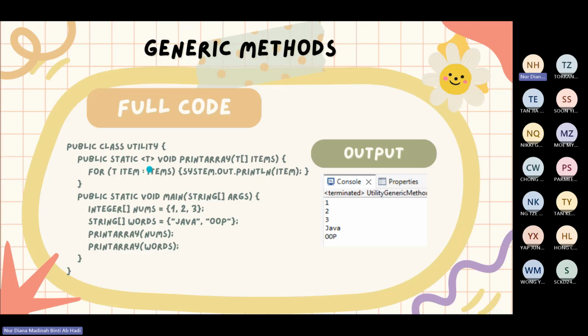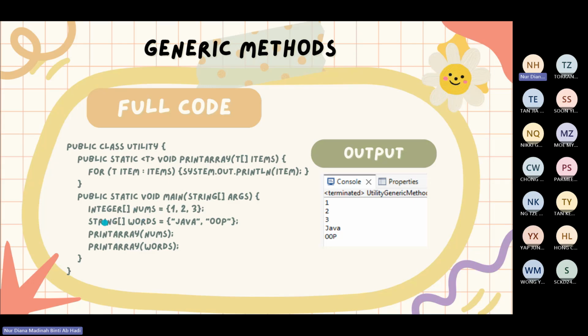You put the T in the class, it means that it is a generic class. But when you put the T in the line of public static void, it is used for the method. Okay? So if you look at here, it would display the values as you say, like this.